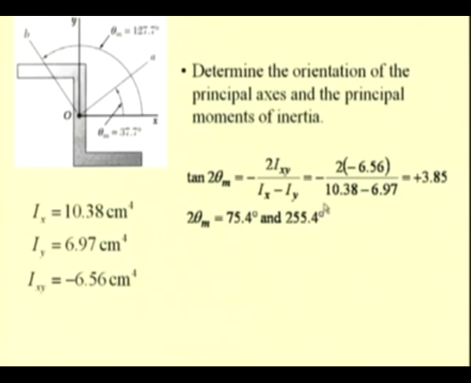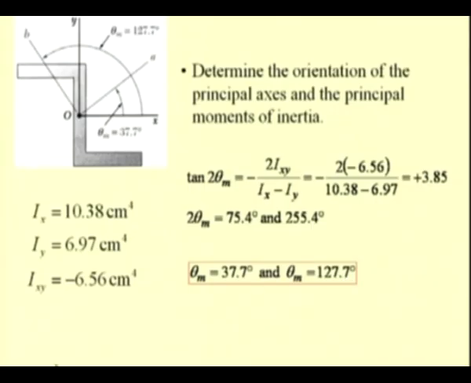So, these two angles correspond to the principal axes, that is 37.7 degrees and 127.7 degrees, because we know that the values that have been determined are 2 theta m. So, it corresponds to 37.7 degrees and 37.7 degrees plus 90 degrees, which is 127.7 degrees.